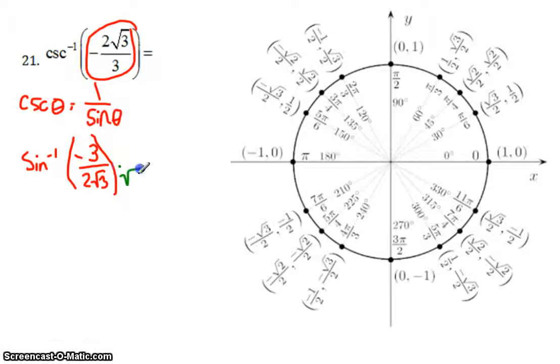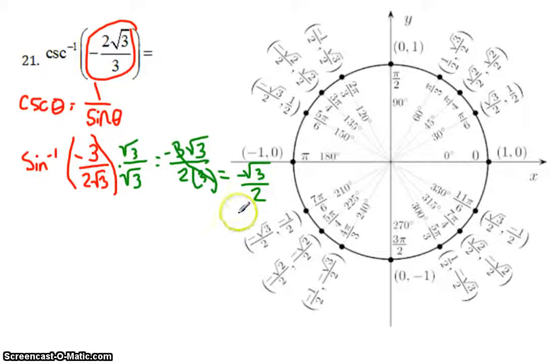So I multiply both by the square root of 3. Now I will have -3 times the square root of 3 over 2 times 3. Well, my 3's cancel out, so I'm left with negative square root of 3 over 2. So what I'm looking for is, when does sine equal the negative square root of 3 over 2?